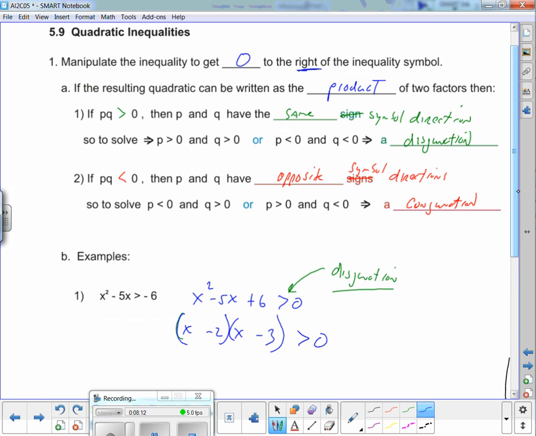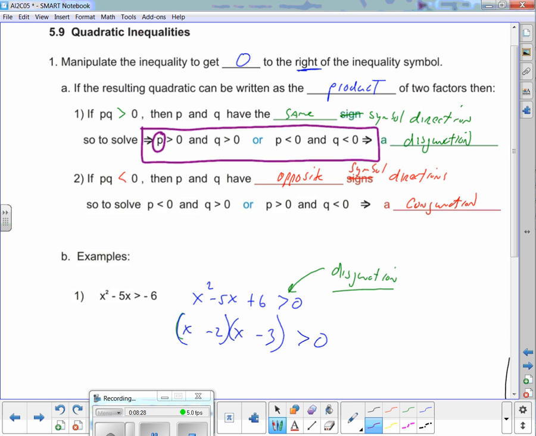Now we have to put this into practice. We have to get 2 sets of 2 from the factors. This P just represents the first parentheses, and the Q represents the second parentheses.